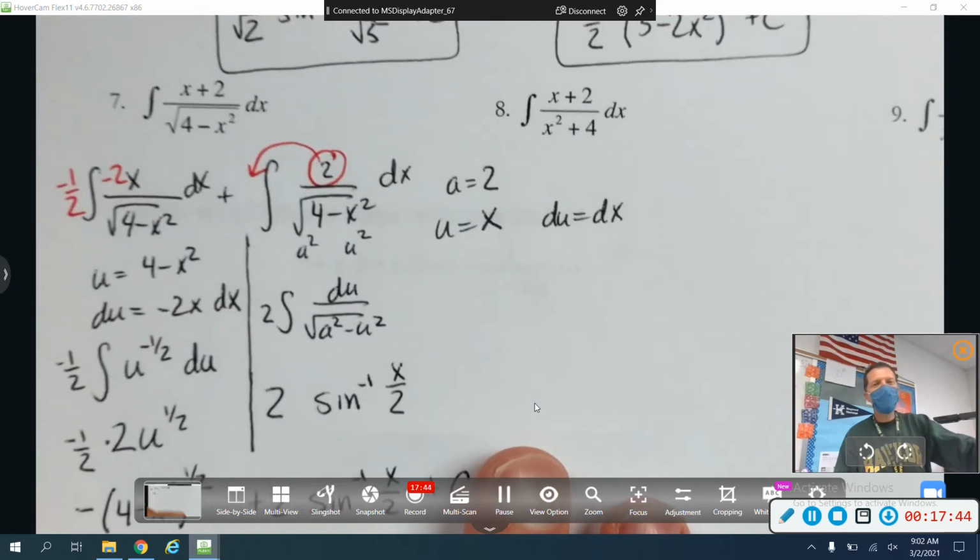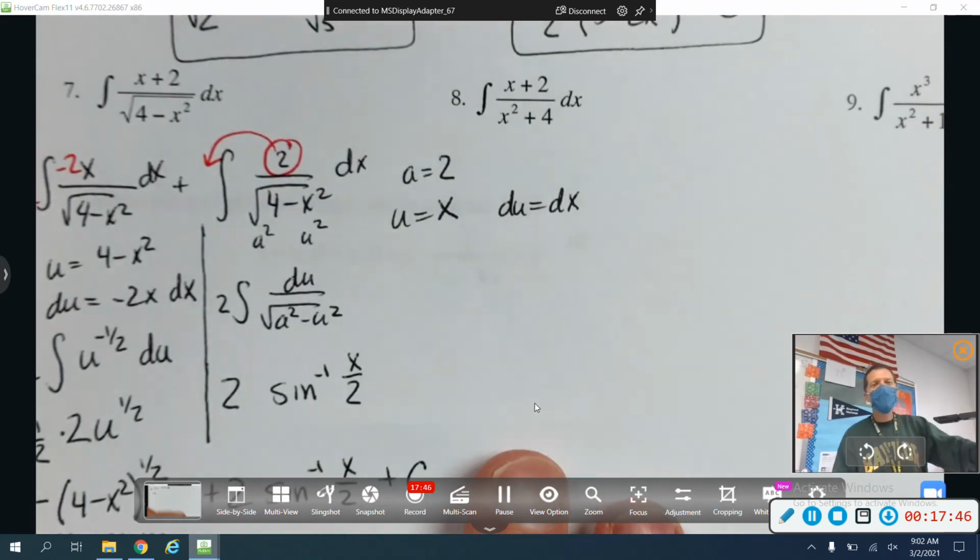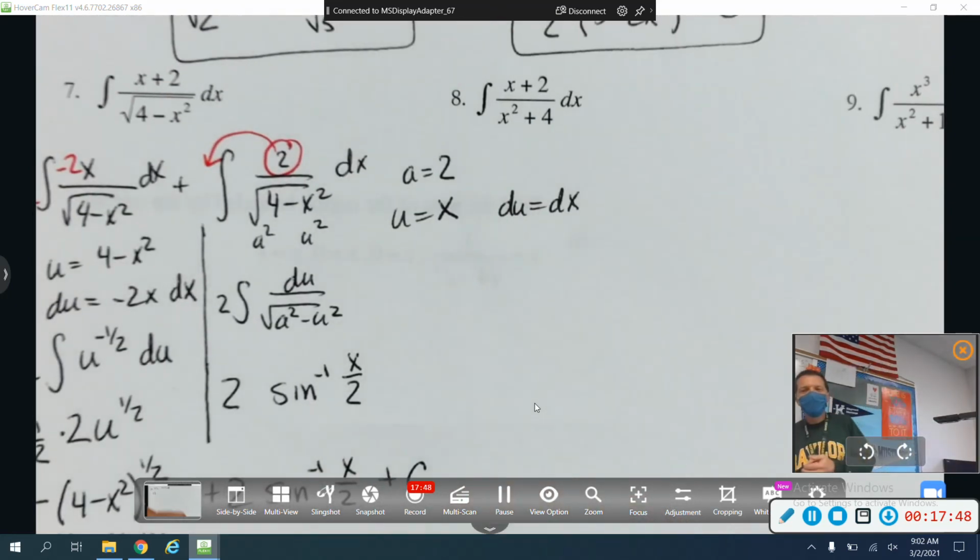Well, having just done number 7, look at number 8. Well, yeah, it's kind of the same thing. I'll split up the top, and one of them will be a u du kind of thing, and the other one will be an inverse tangent.